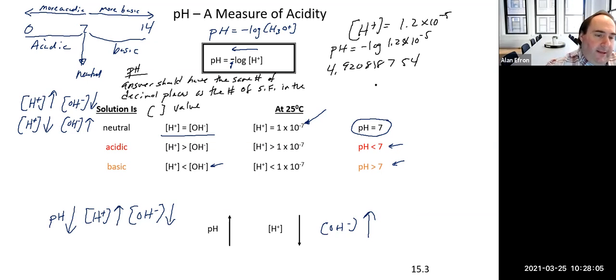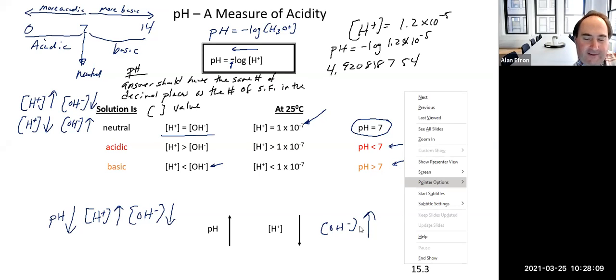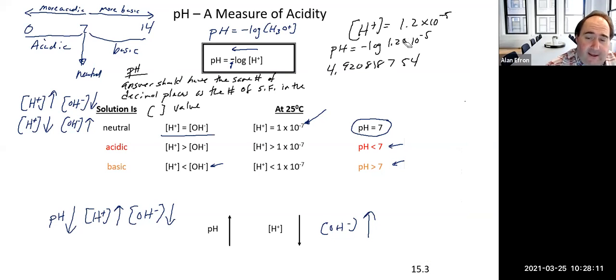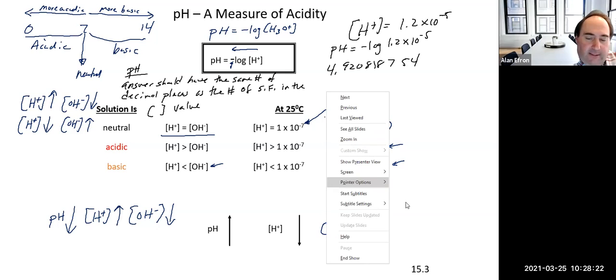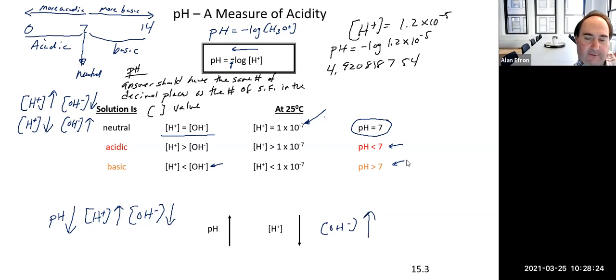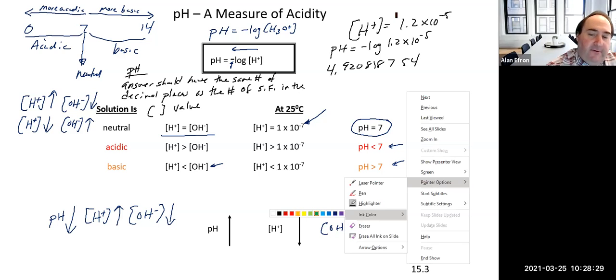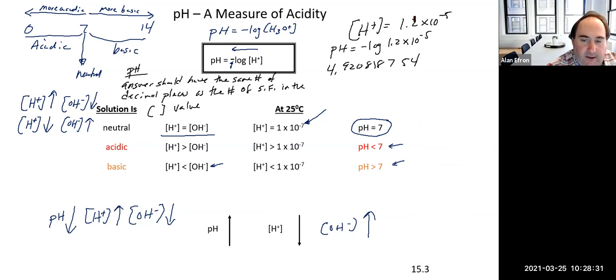Clearly, that is way too many decimal places to give in an answer, although I have seen people give that many. Don't do that, please. So where should we end this? The rule is the number of significant figures in our concentration, and our concentration here has two significant figures.